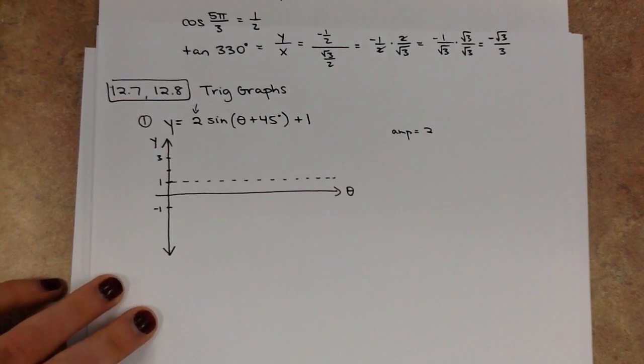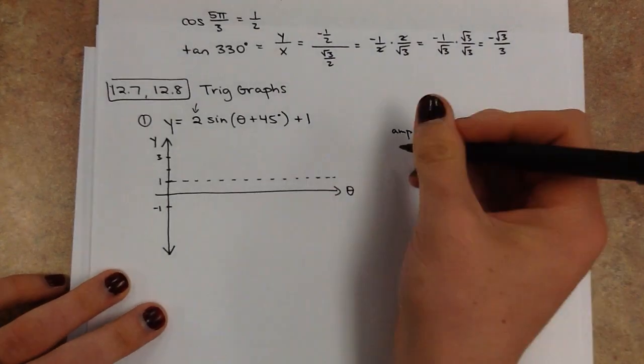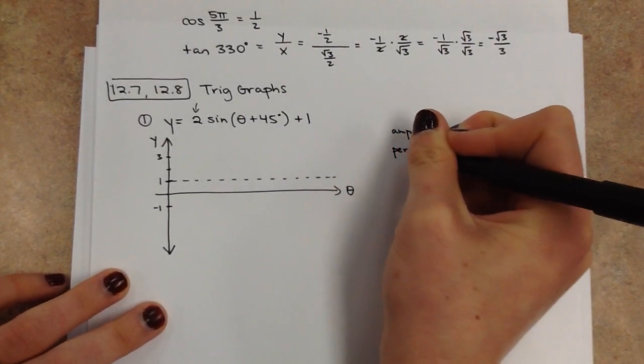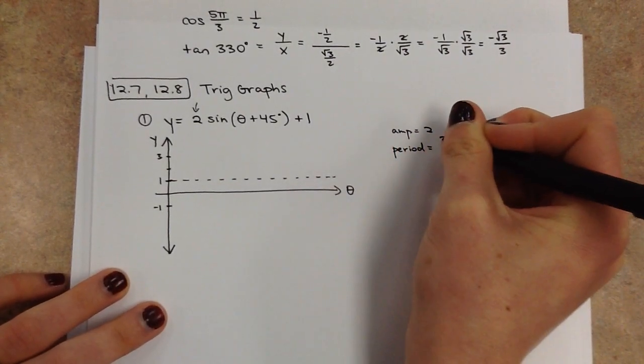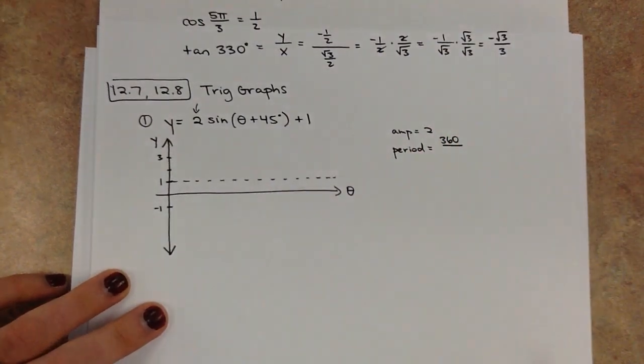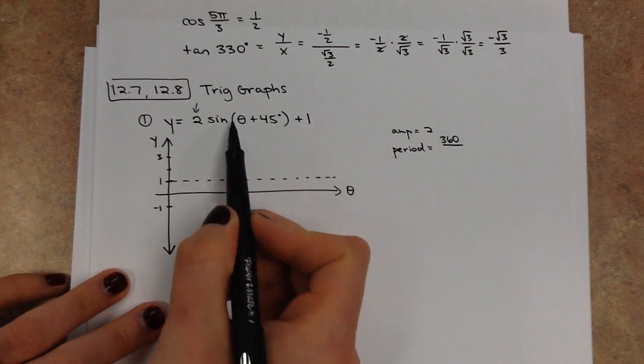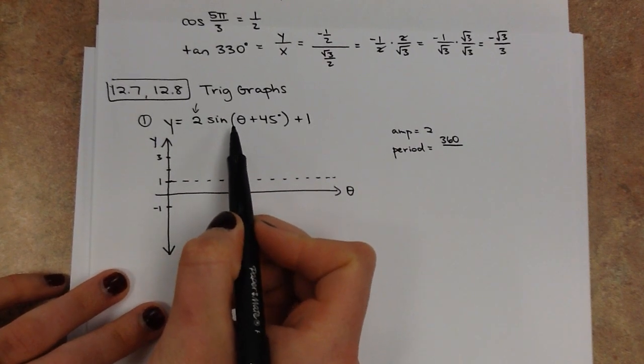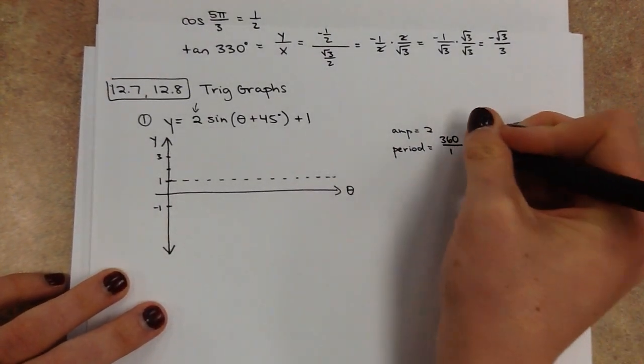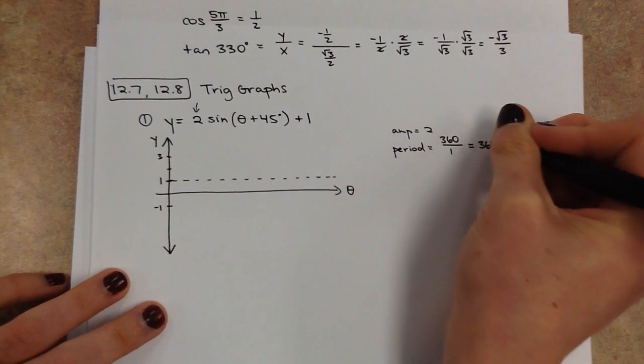That's what the amplitude tells me. Okay, so I've got all that marked up. My period. The formula for the period is 360 divided by b, and b is whatever is right here, attached to the theta. There is nothing there technically. We consider it to be a 1, so therefore the period is 360.